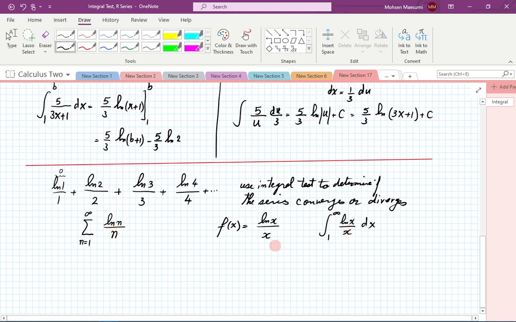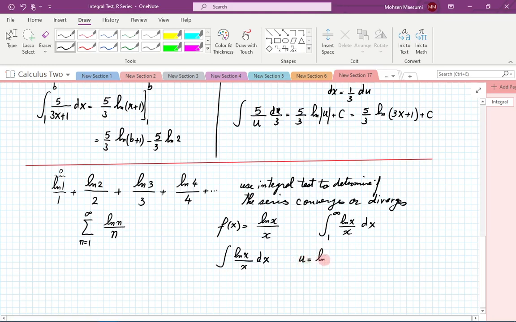So well, logarithm of x over x, what do we do in that case? Let's go ahead and investigate this. This is a problem you have seen in calculus 1 and perhaps recently again in the context of techniques of integration.